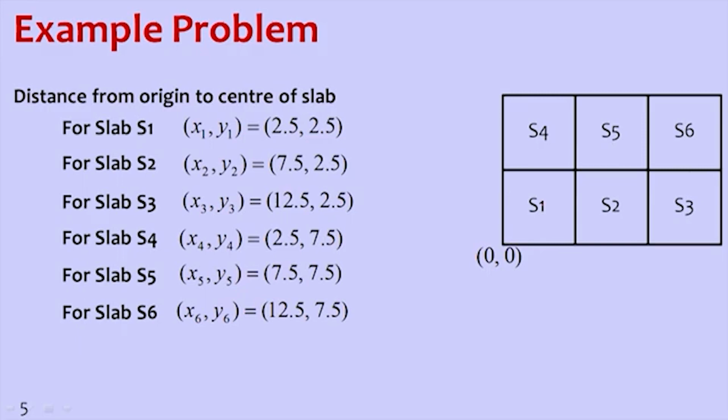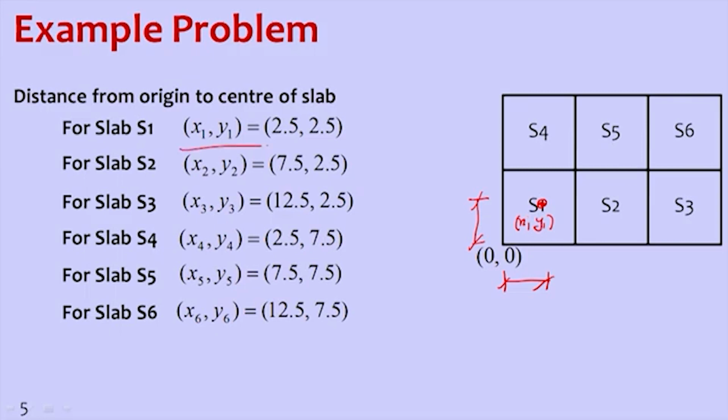So we need to calculate the center of this slab such that the distance between the origin and the center of the slab in both x and y directions has to be calculated for calculating the xc value, that means the center of mass value. So I here denote x1, y1, and similarly for other slabs.